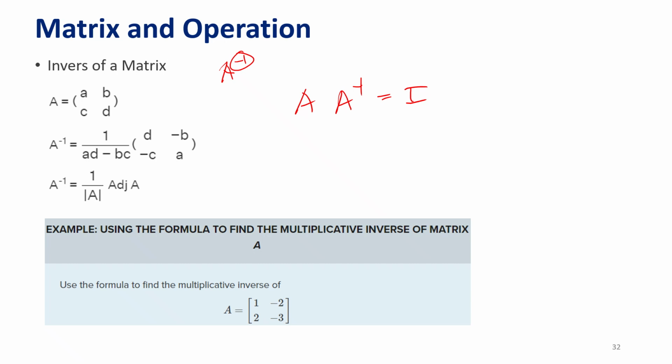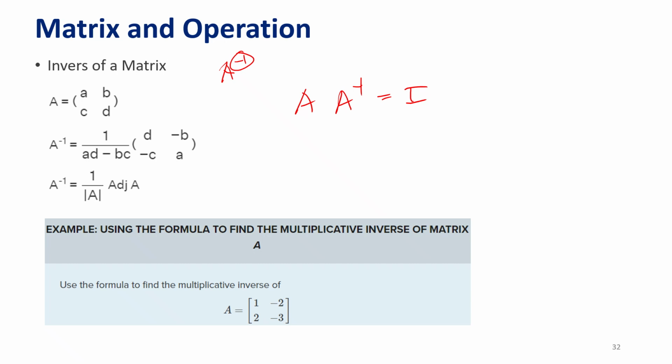Okay. For finding the inverse of a matrix, for a 2 by 2 matrix it normally involves swapping some elements and changing the sign of the others.